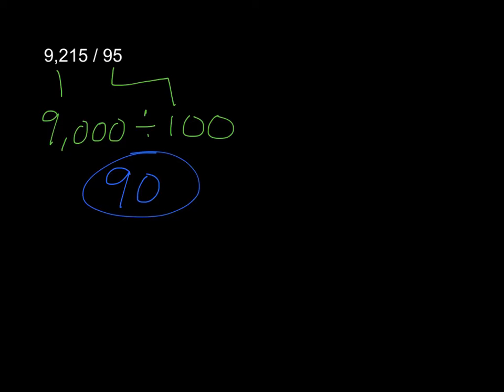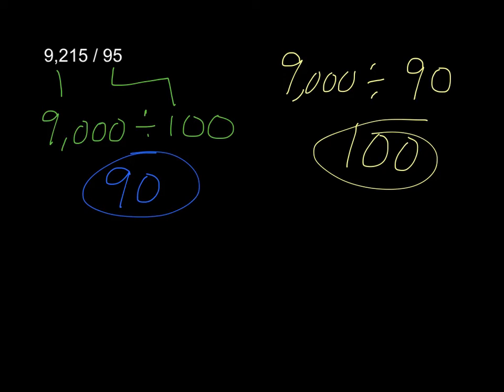If I round that to 90, and I still round it to 9,000, 9,000 divided by 90, I arrive at 100. 90 and 100 are still in the same ballpark. They're still about the same answer. And remember, as an estimate, it's okay for a little bit of variation. But bear in mind that as you change one of these numbers, your quotient will also change.